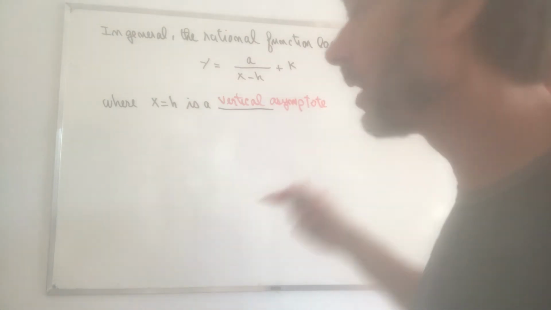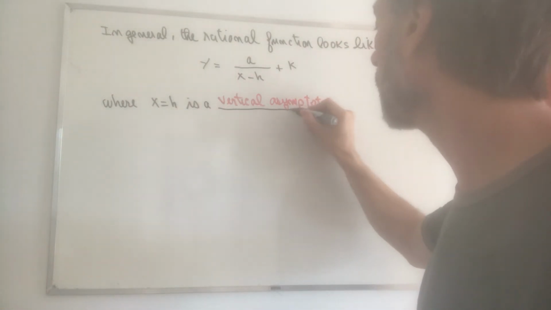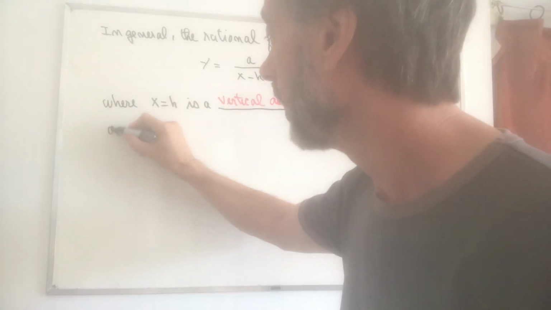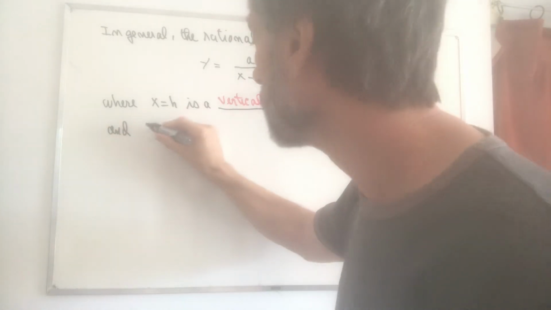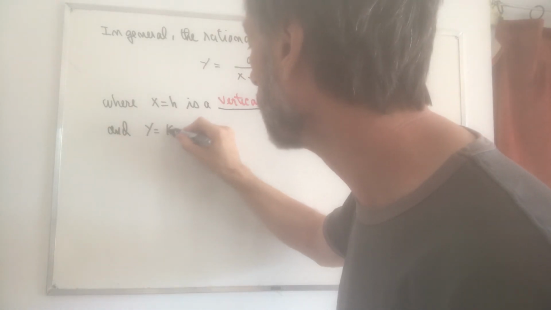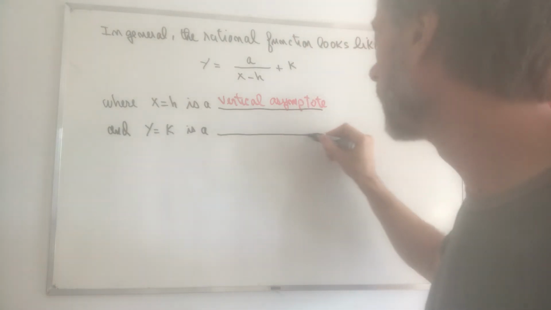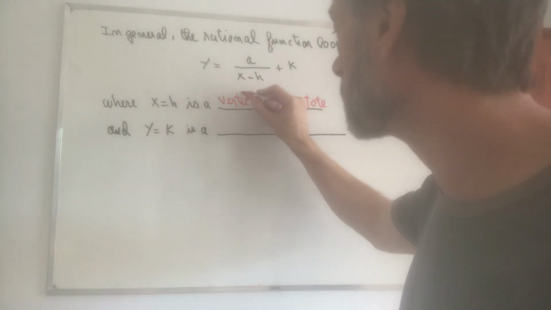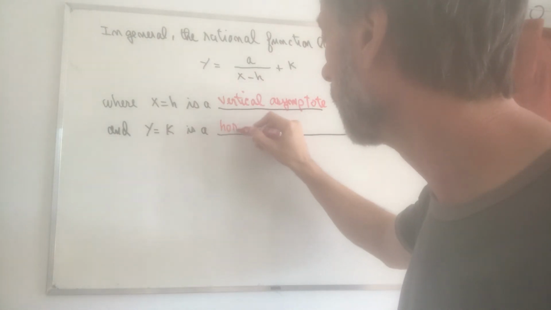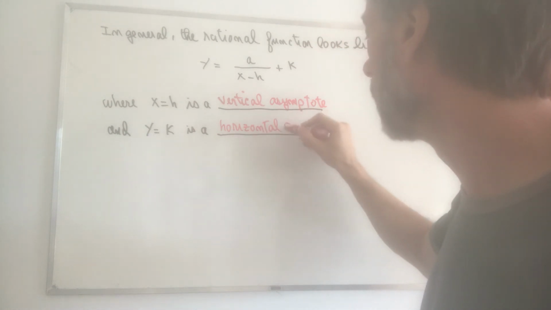So I will underline this because it is important. Vertical asymptote. And we have the other guy here standing out, the k. So y equals k. You can probably fill in that blank, right? It's a horizontal asymptote.